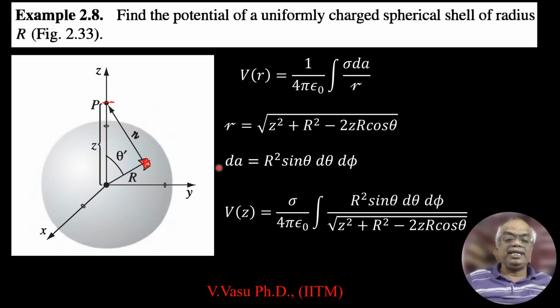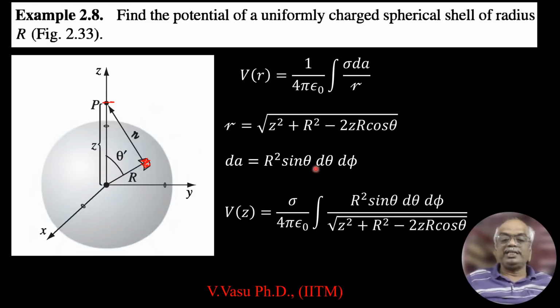And the area segment is equal to R squared sine theta d theta d phi. This R is fixed, so you are not going to integrate with respect to R. So you can rewrite this expression: V of z is equal to sigma divided by 4 pi epsilon naught, where I have taken sigma out as it is a constant, and I replaced r by z because we are considering along the z direction.